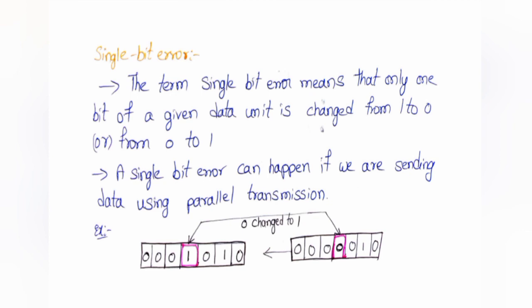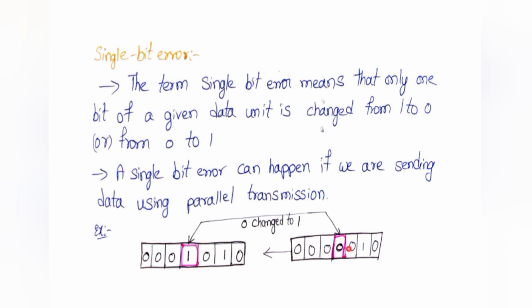Here the message 0000010 is transferred from sender to receiver. During transmission, a bit 0 is changed to 1. At the sender side, the message is in this format, and at the receiver side there is a change of one bit of data in the message.